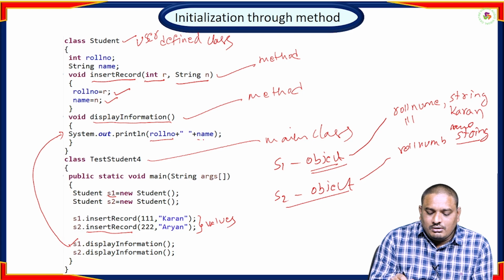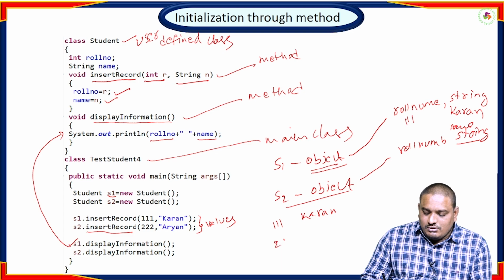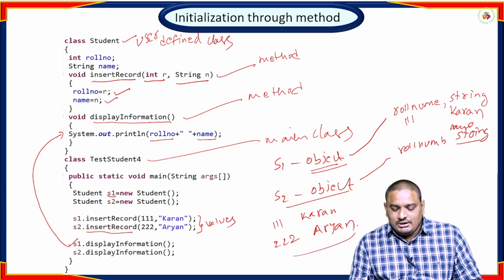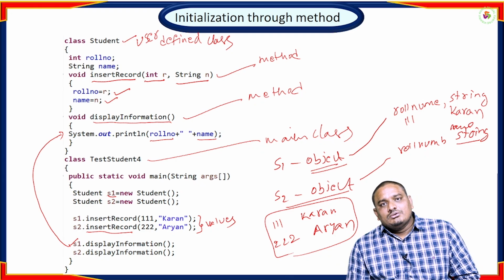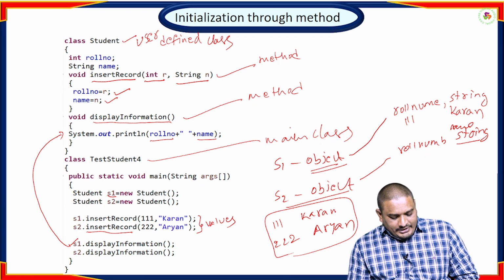Roll number and name will be displayed on the terminal. For the first object, the roll number is 111 and the name is Karan. For the next object, the roll number and name are displayed. Both are displayed on the terminal. This is how objects can be initialized through methods.